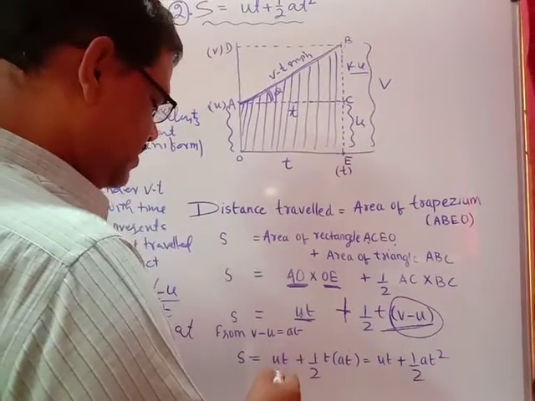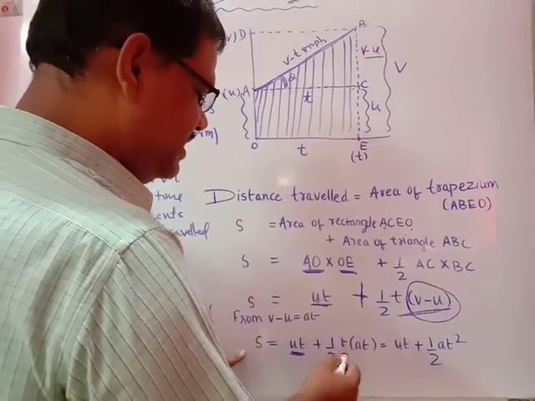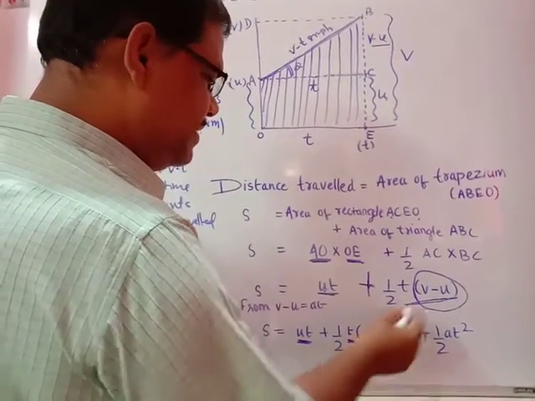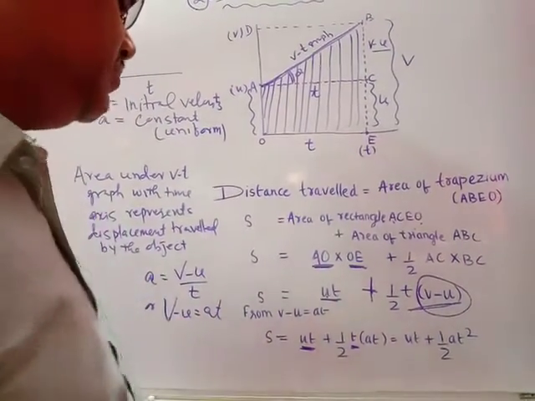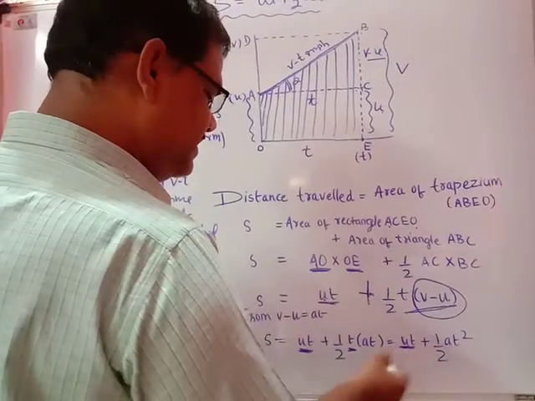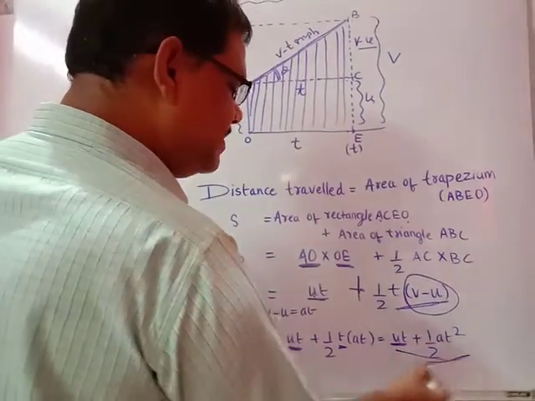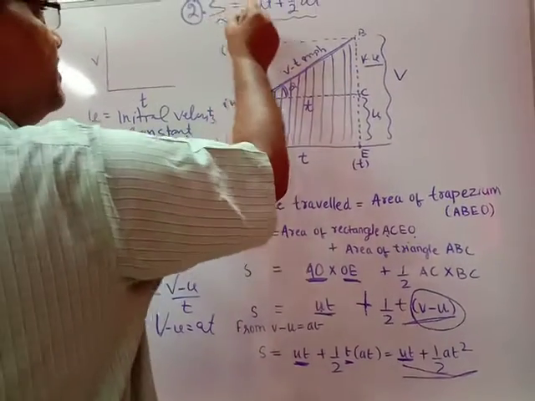So s equals ut plus half into t into at, that is s equal to ut plus half at square.